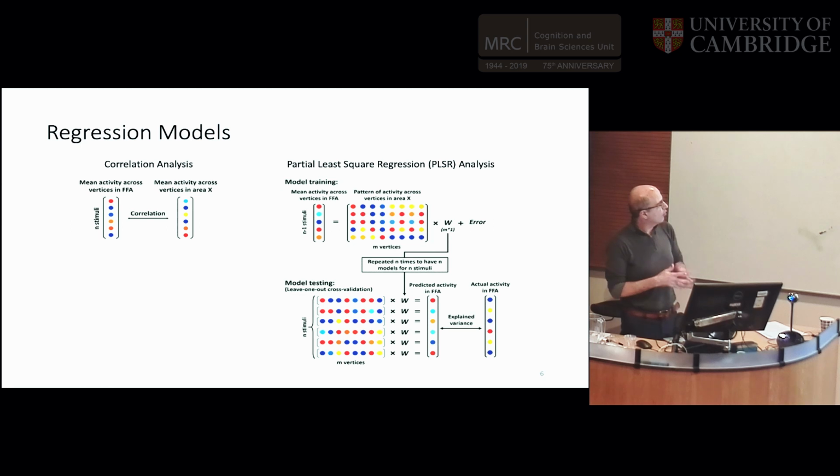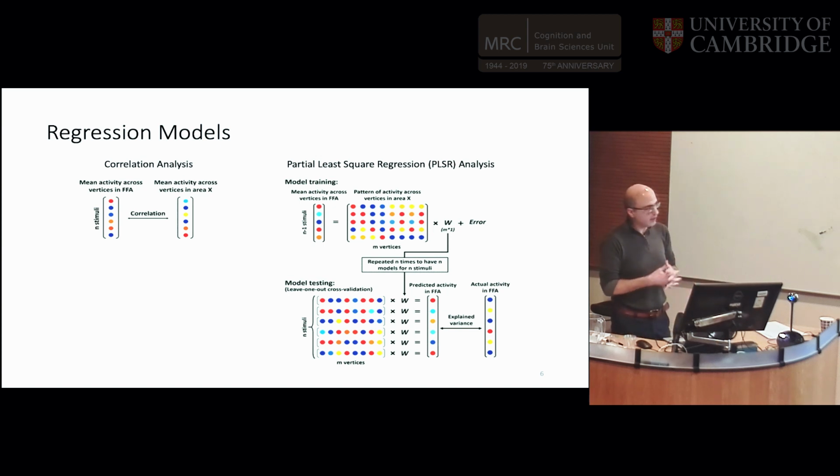So for, let's say, 60 stimuli, you get basically beta values for these 60 stimuli in FFA and in a given area, and then you compute the correlation.